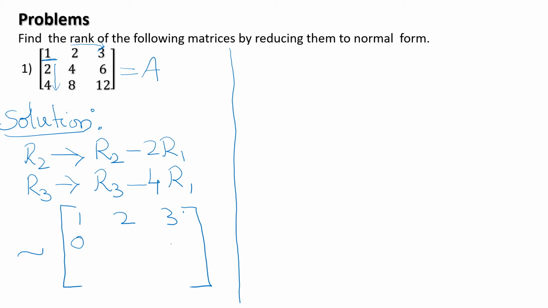Then 4 minus 2 into 2, 4 minus 4 is 0. Then 6 minus 2 into 3, 6 minus 6 is 0.